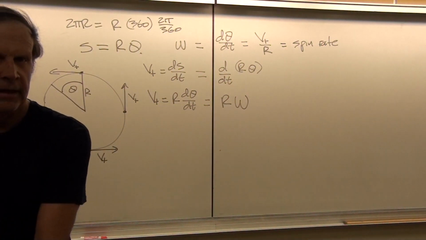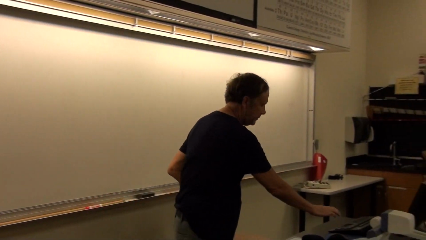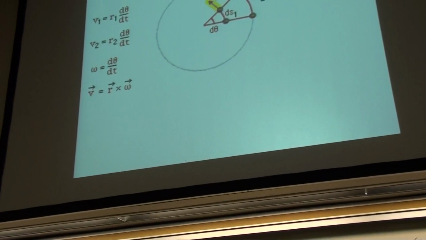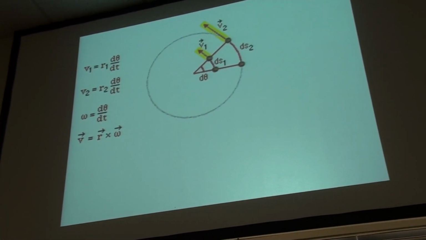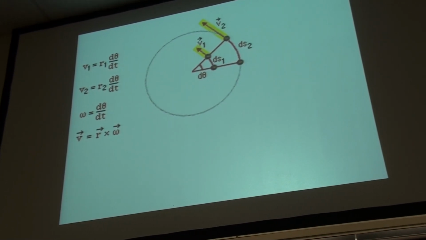Well, if we go up to the data projector for a moment, we see here that v is r d omega dt, but that velocity changes as we go from one value of the radius to another, whereas the omega value stays constant, because the omega value is v over r.